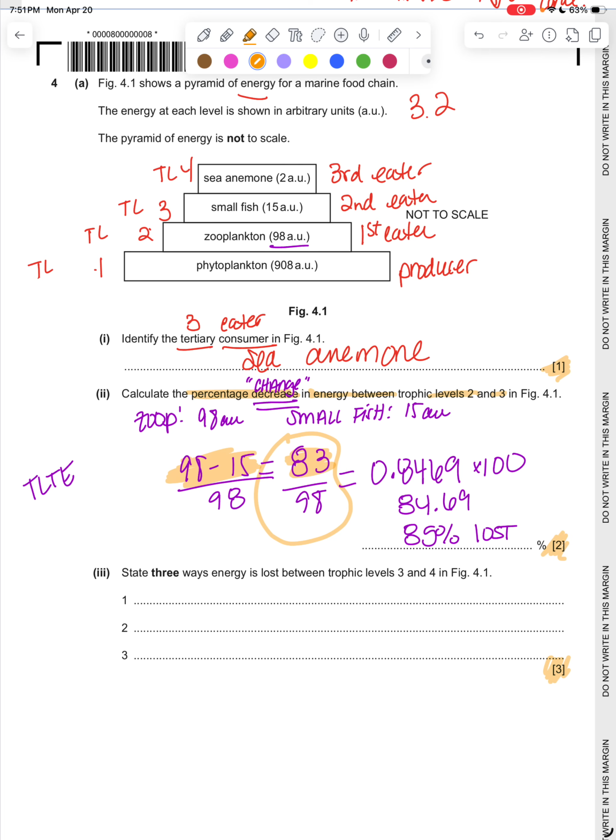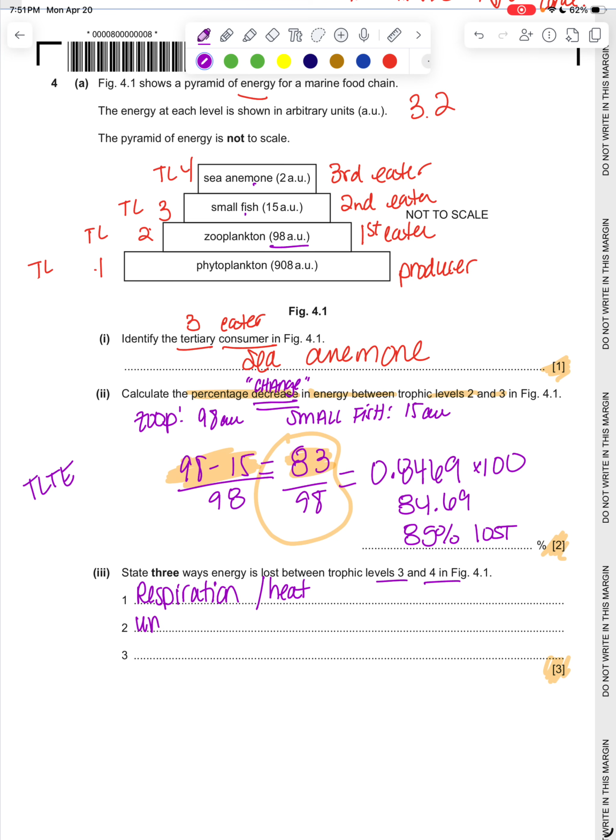All right, how is energy lost between trophic levels? This also won't change, but it's specifically trophic levels 3 and 4. So we have a small fish getting eaten by an anemone. For every feeding relationship, there's going to be energy loss from respiration or heat.